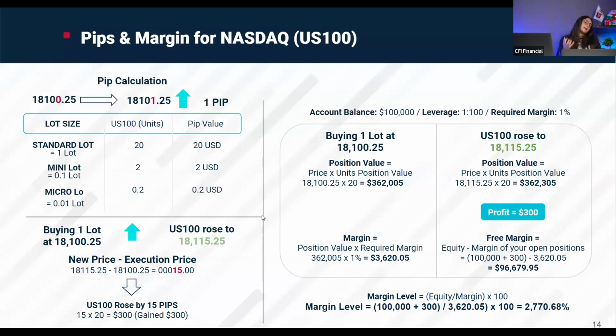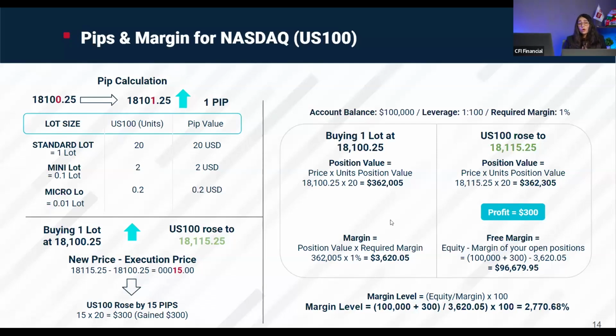To be able to calculate the position value, we take the price multiplied by the units. So the price here is 18,100.25 multiplied by 20 because one standard lot is equivalent to 20 in NASDAQ. We're going to get a value of $362,005. Like we said, we have leverage, so it's not going to actually cost me this much.